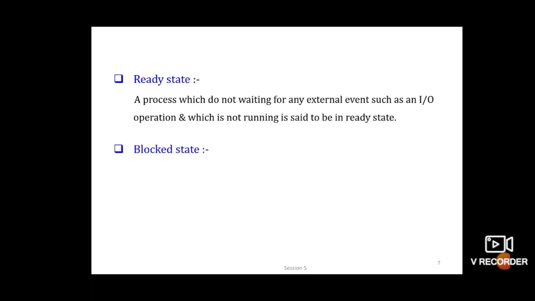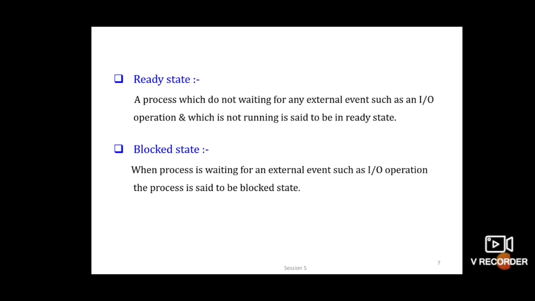Understood, students? Now the last state is the block state. In the block state, when a process is waiting for an external event such as an IO operation, meaning input output operation, the process is said to be in block state. See, in the previous state it was not waiting for an external event, but in the block state it is waiting for external events such as input output operation.